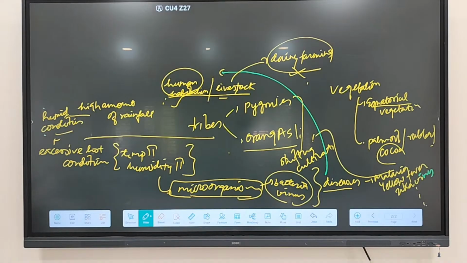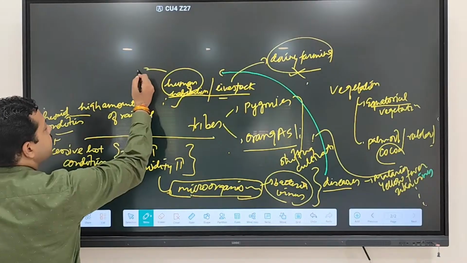They are importing. What you find is that the tribes keep certain livestock with them for their sustenance. But large scale dairy farming, or large scale human habitation, you don't find in this region. So that's why the density of human population is less over here.